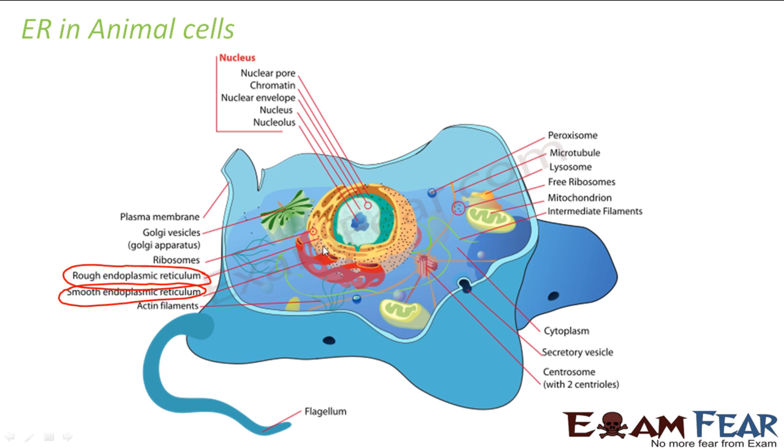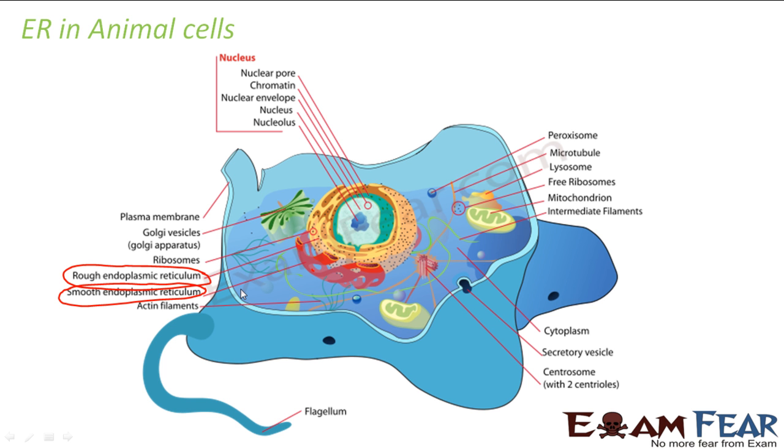So this is the rough endoplasmic reticulum. And where is the smooth endoplasmic reticulum? This pink colored structure which is smooth, right? So did you notice a difference? Even in the previous slide and in this slide, the rough endoplasmic reticulum has dotted structure over it, whereas the smooth endoplasmic reticulum has no dotted structure and it is completely smooth, right? We will see that as we go ahead.